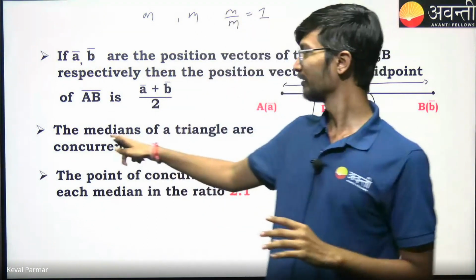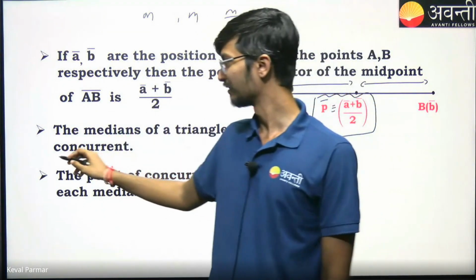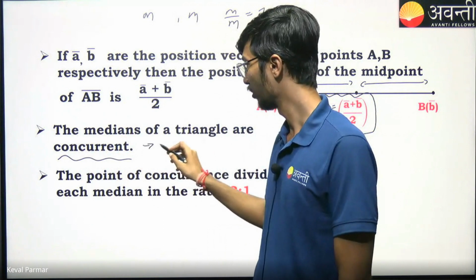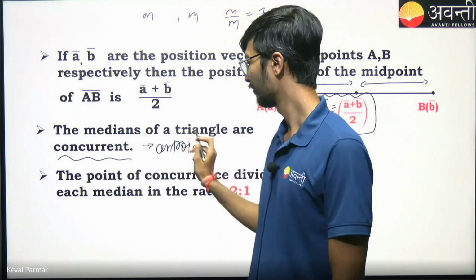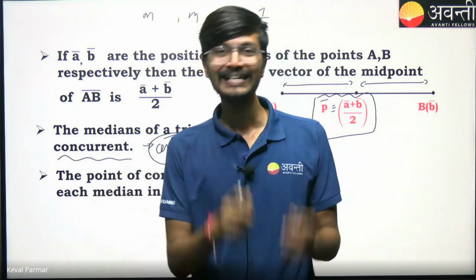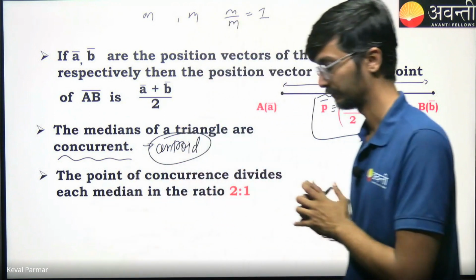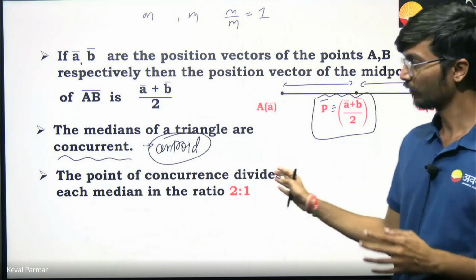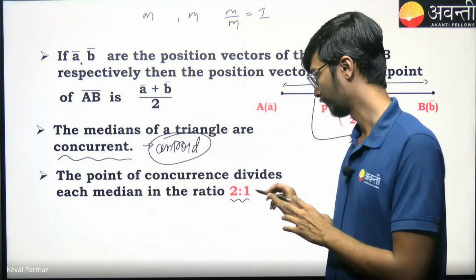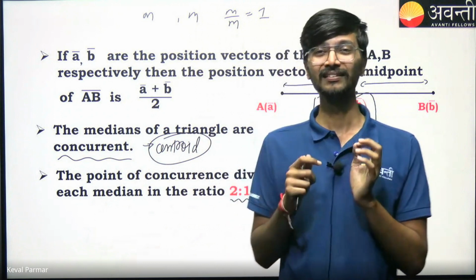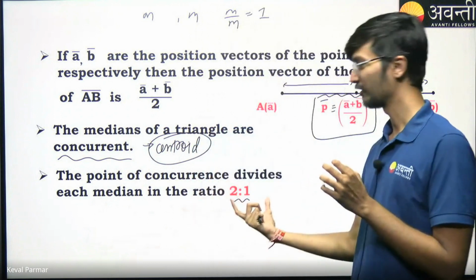The medians of a triangle are concurrent, and the point of concurrence is called the centroid. The centroid divides the median in the ratio 2:1. Please remember this, it is very important.